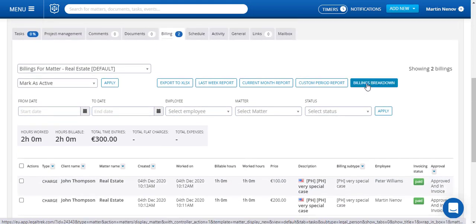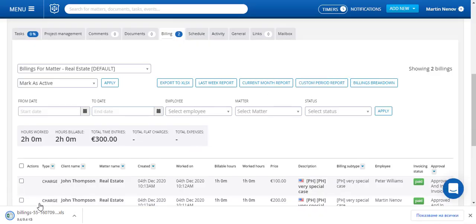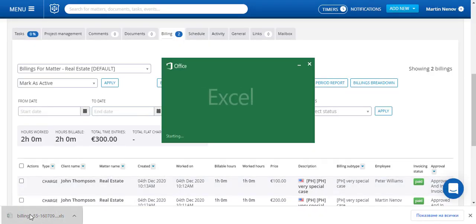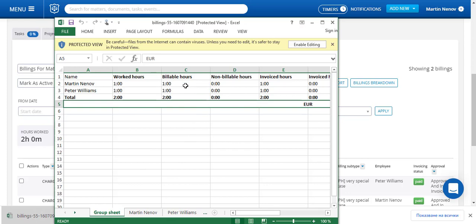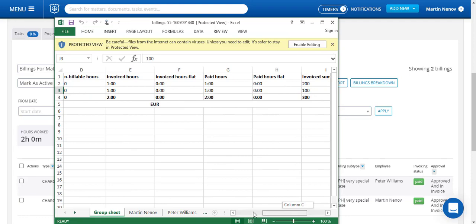Then we generate the billings breakdown, and logically it shows that the partner has earned 200 and the associate has earned 100.